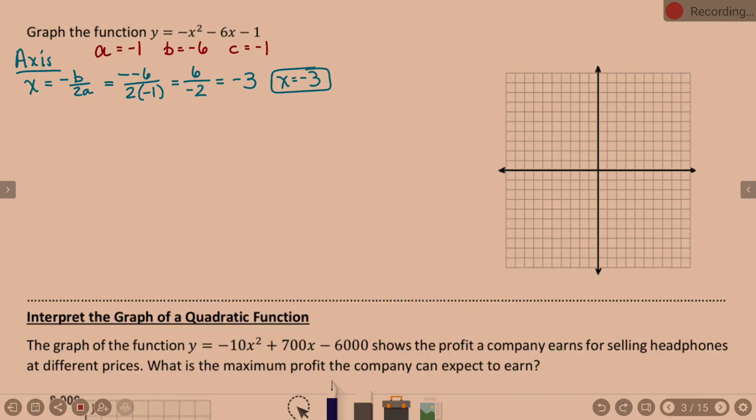Once you find the axis of symmetry, you're finding the vertex. What do I already know about my vertex? I know there's a -3.